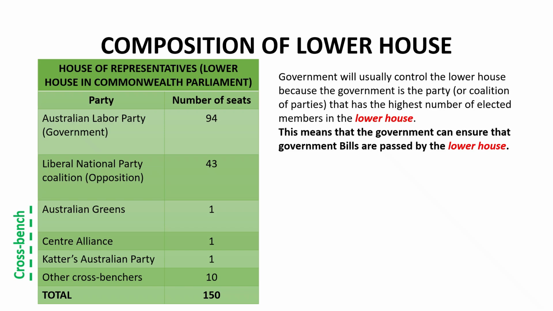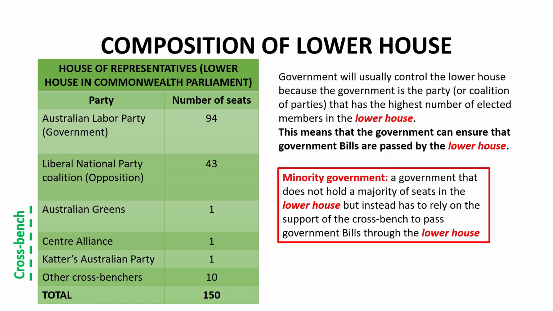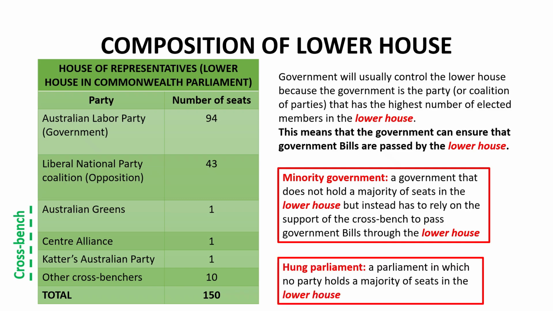This situation is referred to as a minority government. A minority government is a government that does not hold a majority of seats in the lower house, but instead has to rely on the support of the crossbench to pass government bills through the lower house. Where there is a minority government, we describe the parliament as being a hung parliament.